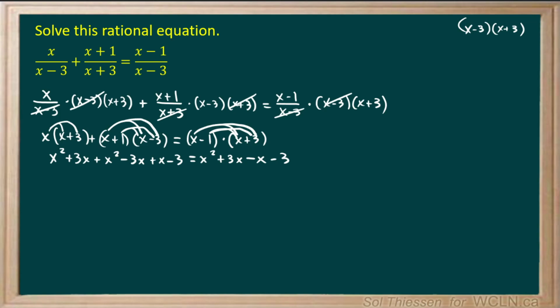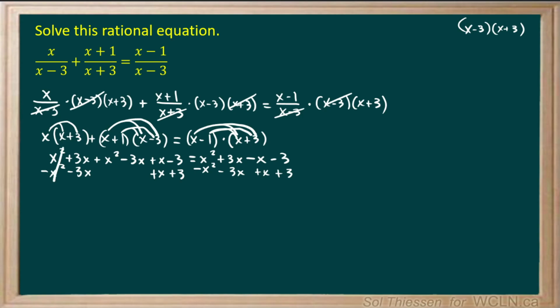So now let's move everything to one side of the equal sign. How about we go to the left of the equal sign? So we'll subtract x squared, subtract 3x, add x, add 3, and then we will do the same on the right-hand side.